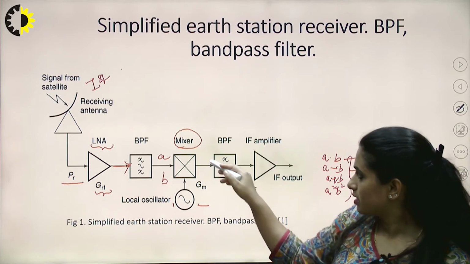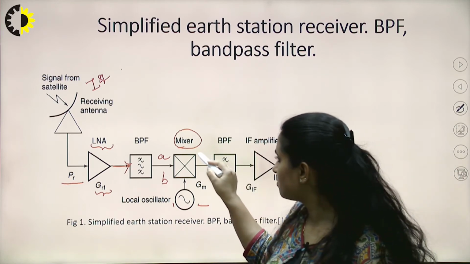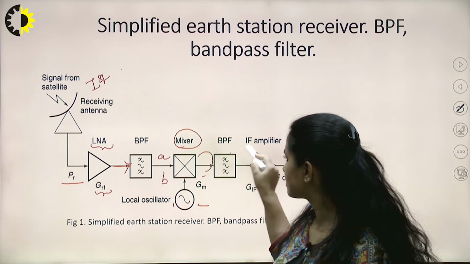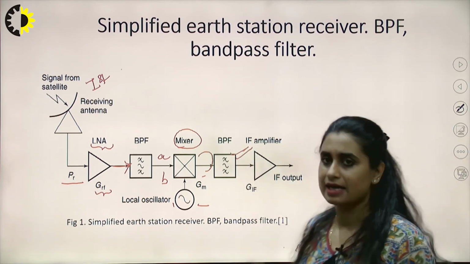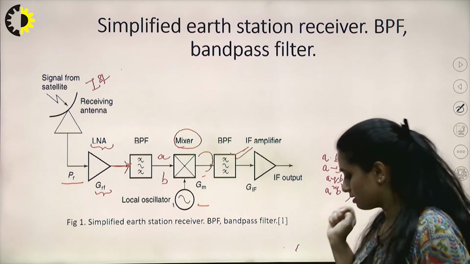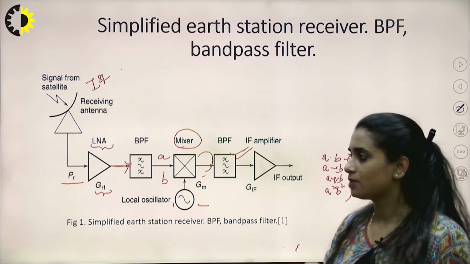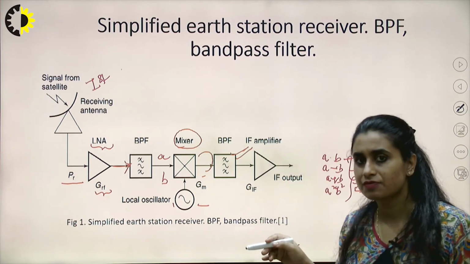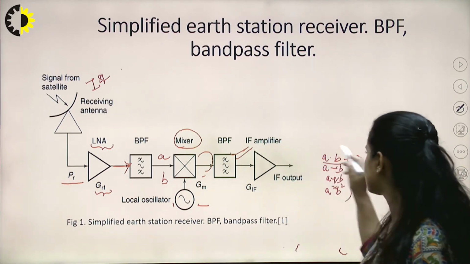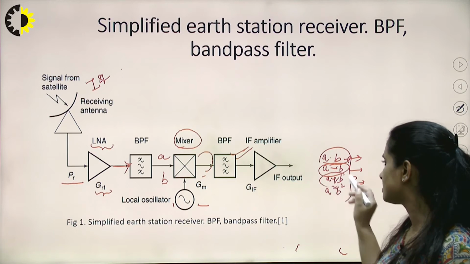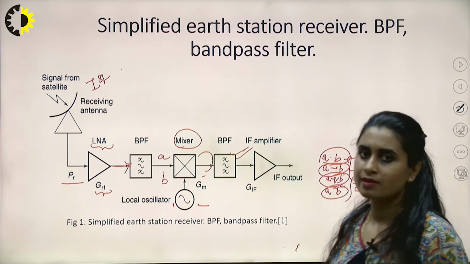So here the desired one can be chosen with the help of the filter that we apply. I can tune my band pass filter to the particular frequency which is desired by my receiver. I can tune it to this frequency, I can tune it to this frequency, or XYZ, right?